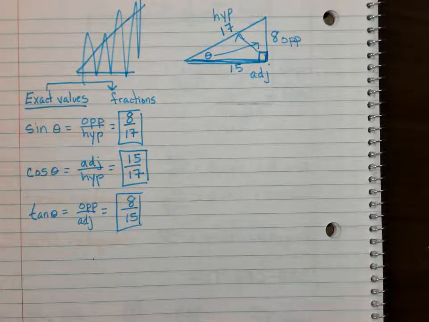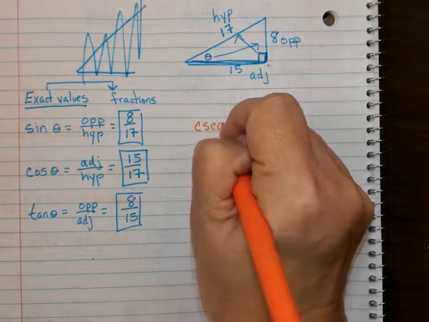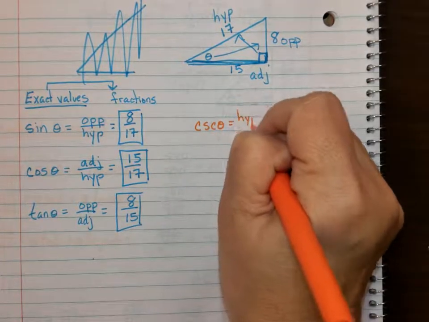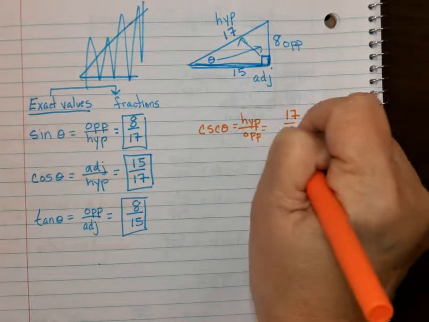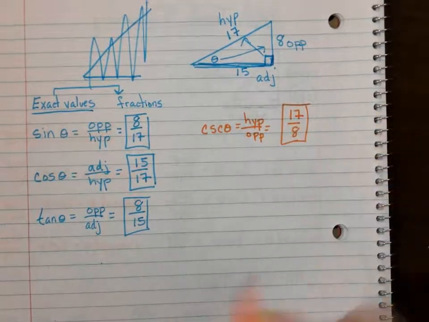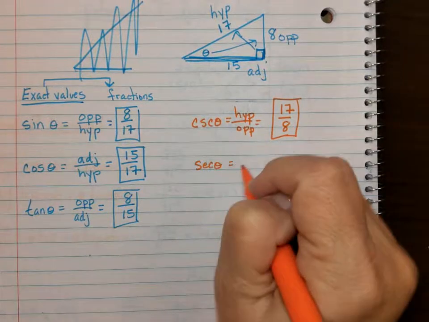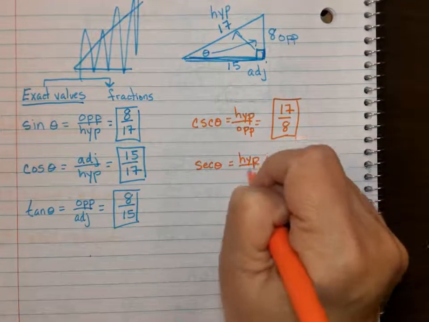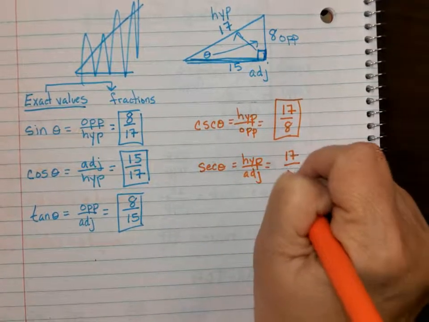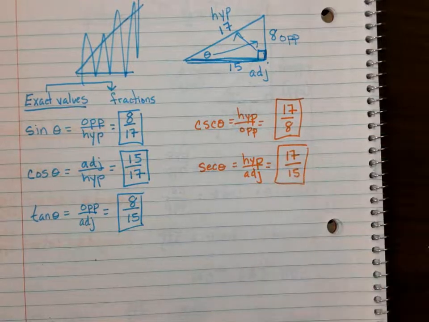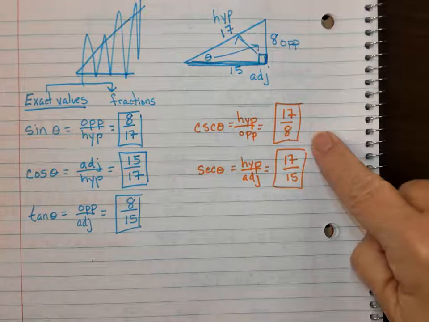Alright, so then we're going to do our reciprocal functions. So cosecant of theta is hypotenuse over opposite, which is 17 over 8. Secant of theta, hypotenuse over adjacent, 17 over 15. Now let's make a similar observation here.